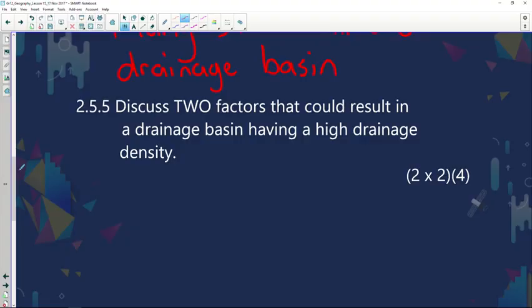But let's go back to the question again. Discuss two factors that could result in a drainage basin having a high drainage density, and the correct answer that we can write over there: more precipitation, and that's rainfall. You can also say saturated soils, depending on the underlying soil. For instance, if we take two soil types, for example clay.